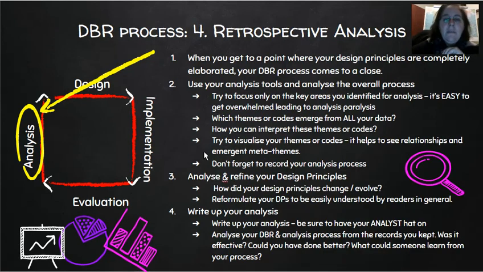This leads me to the end. Now, if you can imagine you've gone through your iterations two or three or five or six times, and you get to a place where your design principles are not really being refined anymore. You can see that if I do another iteration, I'm basically going to stay with the same design principles for affecting my problem.